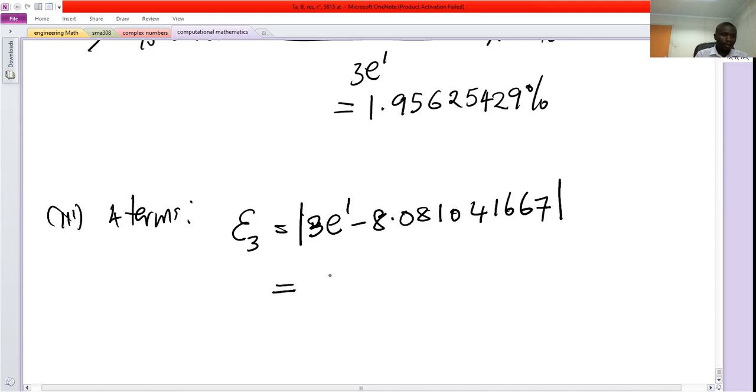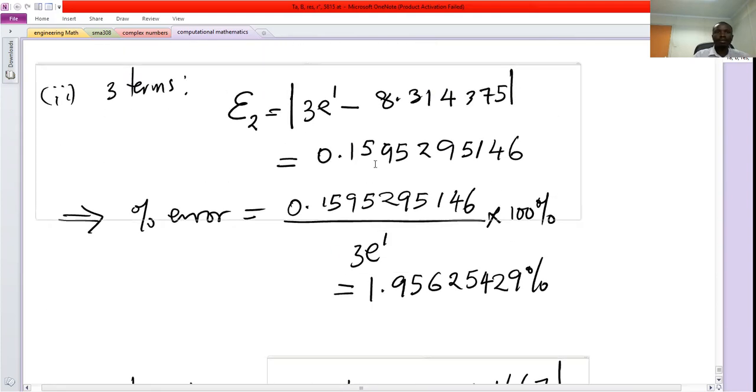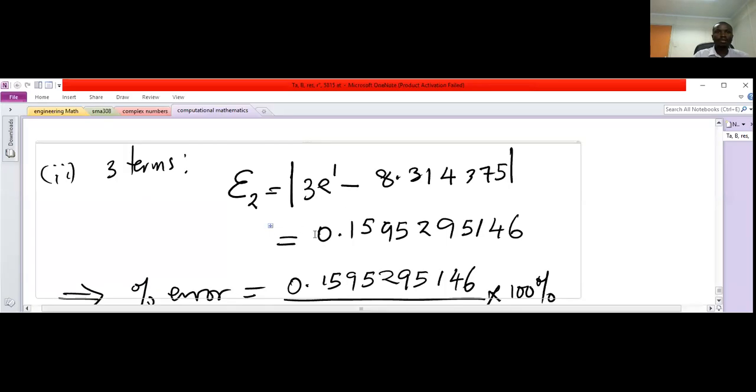So this error will be 0.08380381838. You see, the value of error for 4 terms has also become less than what we got in the case of 3, which was 0.15.